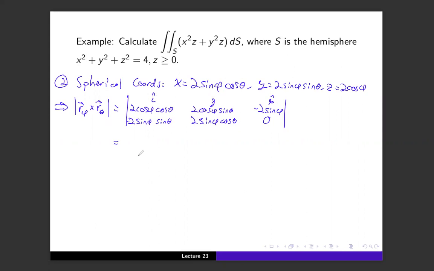This is going to come out to 4 sine squared phi cosine theta i, plus 4 sine squared phi sine theta j. Oh, I'm sorry, that should be 4, not 2.